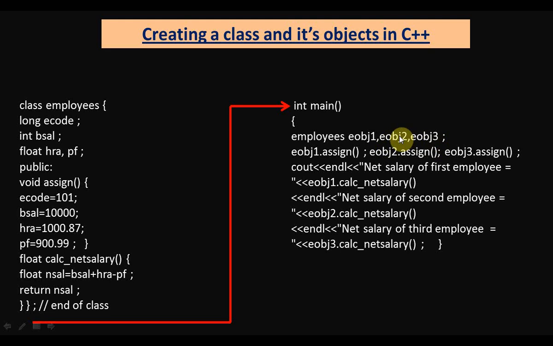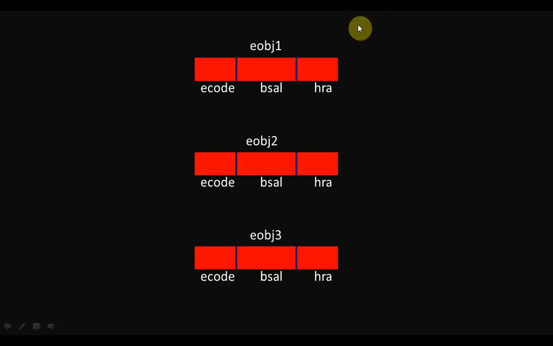eobj1, eobj2, eobj3, these are the names of the objects. This is what is going to happen. eobj1 happens to be the first object. See carefully how this object has been allocated memory. And eCode, bsal, HRA, these are the instance variables, that is member data of the class. Hence this object will consist of all these three instance variables.